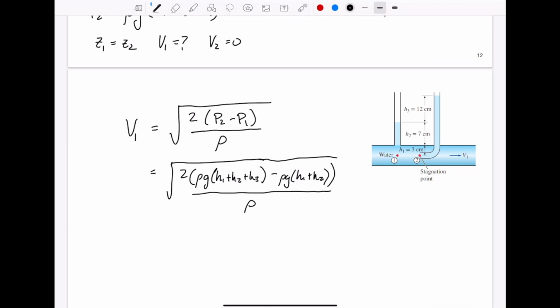In this, we're going to have some terms cancel out. We have rho g times (h1 plus h2) minus rho g times (h1 plus h2), so the only term left over is rho times g times h3. And we have rho divided by rho, so we're only left with the square root of 2 times g times h3.